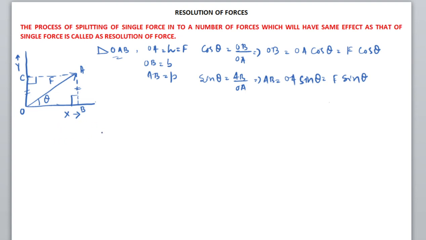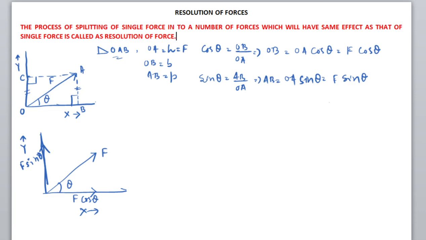Let us do it. If this is the y-axis and the x-axis, and our force F is acting at an angle theta to the x-axis, then we can easily say that our F can be divided into F cos theta along the x-axis and F sin theta along the y-axis. Why?